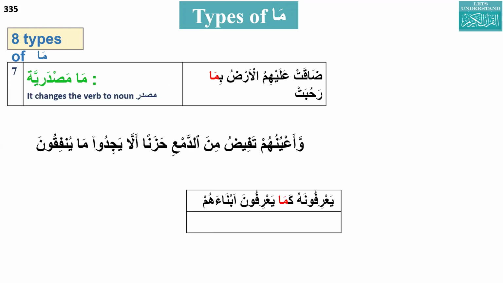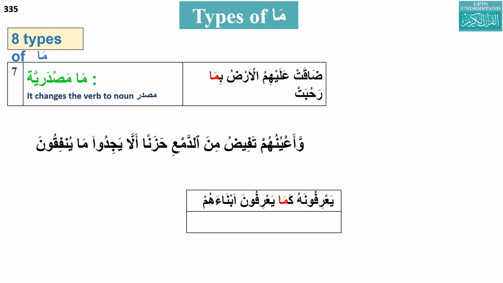So today we will discuss two more types, and one of them is ma masdariya. Masdariya, we know the word, this is masdar. Masdar is a noun. Normally, when we do the table, fi'l madi, fi'l mudari, amr, nahi, ismul fa'il, maf'ul, and last is masdar.